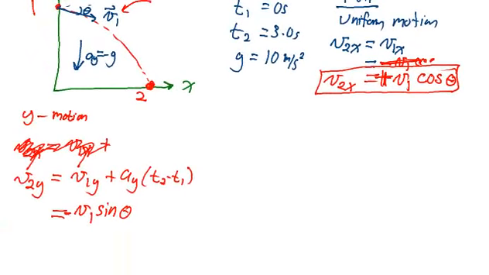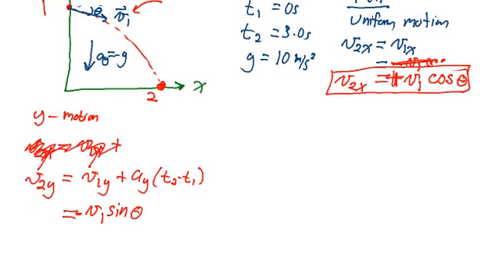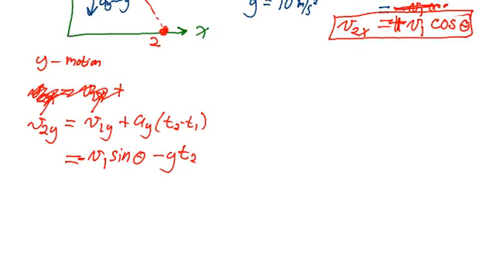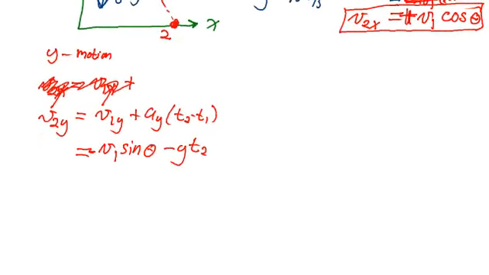All right, and then the second term plus ay will be equal to minus g times t2 minus t1. That'll just be the value of t2. So that's what v2y equals.